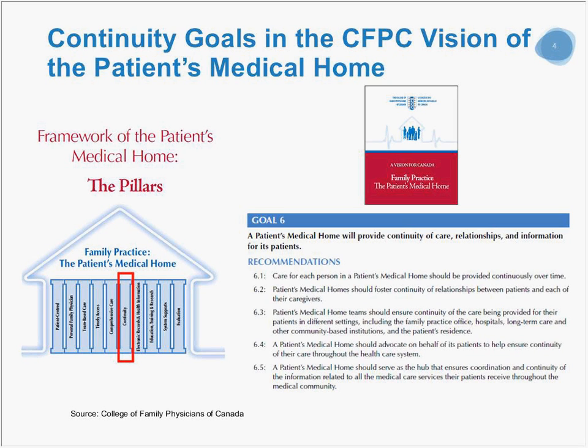Once we have a panel, which is a defined list of patients who would consider a certain individual to be their family doctor, and that family doctor also agrees, we now will focus on continuity as a concept, where those patients then get in and see the same provider over and over. So as you can see from this slide, there are a number of different recommendations for the patient's medical home when it comes to continuity.